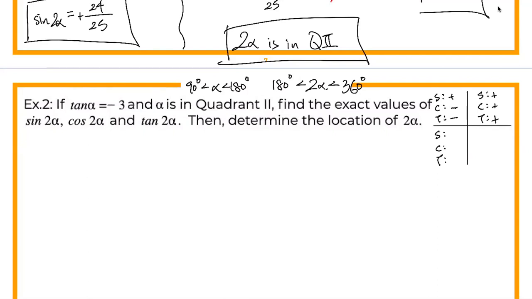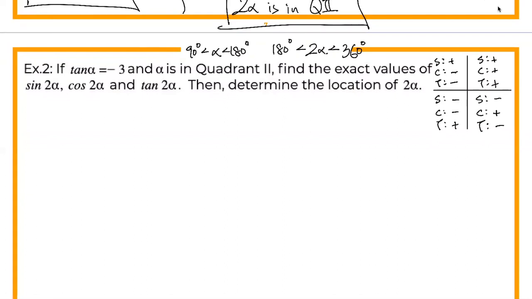Negative. And cosine? Negative. And tangent? Positive. Good, because a negative divided by a negative gives me a positive. All right, quadrant 4. Sine is going to be negative. Cosine is going to be positive, and that means our tangent will be negative. Okay? So at the end, I'm going to compare the signs of my answer and figure out which quadrant my 2 alpha is in.